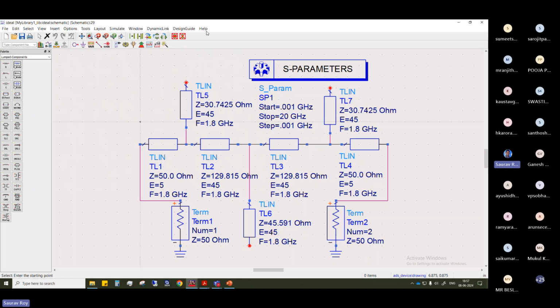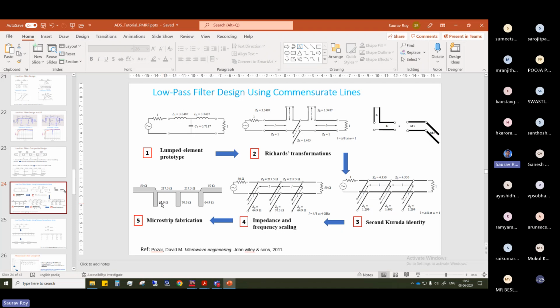Okay, so the schematic is, as usual, you can just take a transmission line, all this, open stub is very usual. And what you have to calculate is, if you remember, the impedances, right? Once you know the characteristic impedance, what do you have to design for a transmission line?